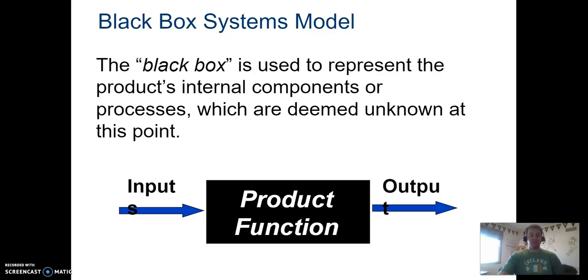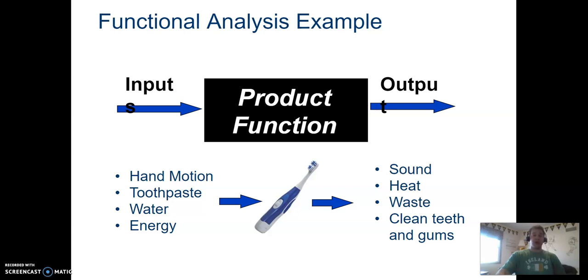In the case of this toothbrush, if you think about what are we starting with, we really have a hand motion as you move your hand back and forth to move the toothbrush itself across your teeth. You've got the toothpaste, you've got water, and you've got energy. All of those things are at the beginning before the product begins to actually function to meet its purpose.